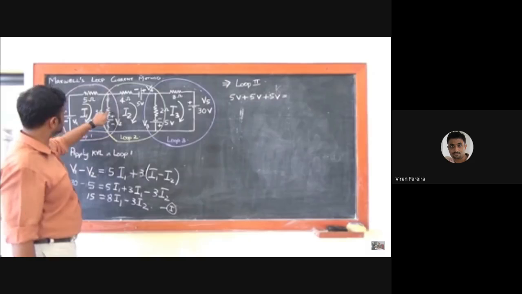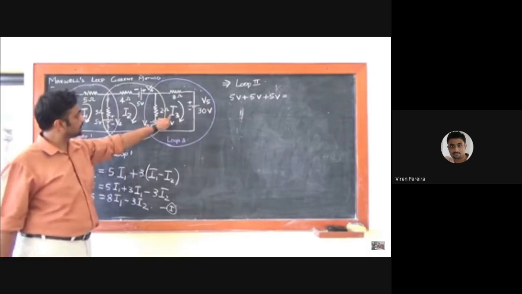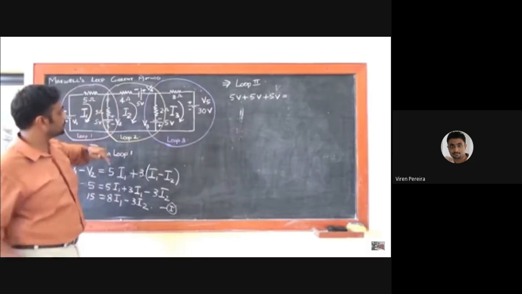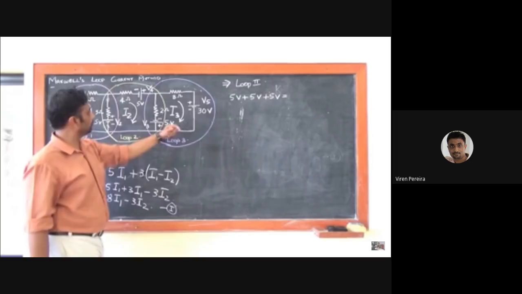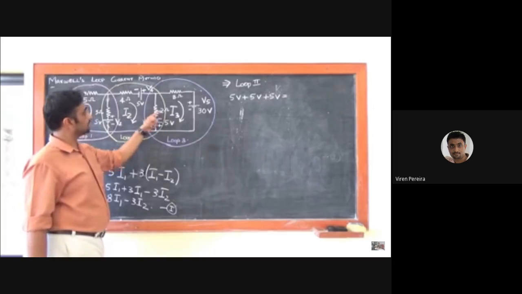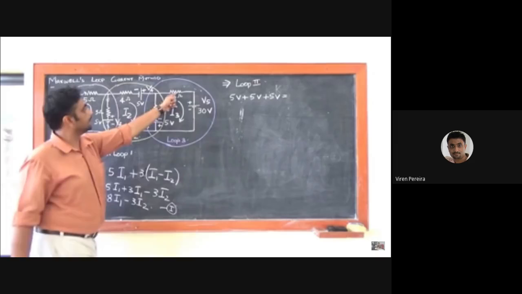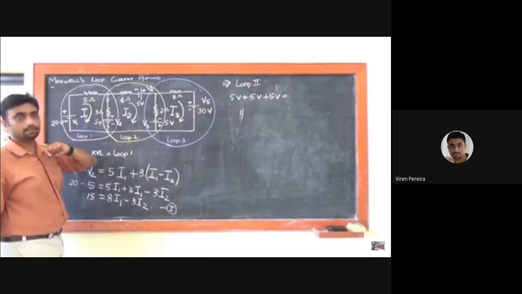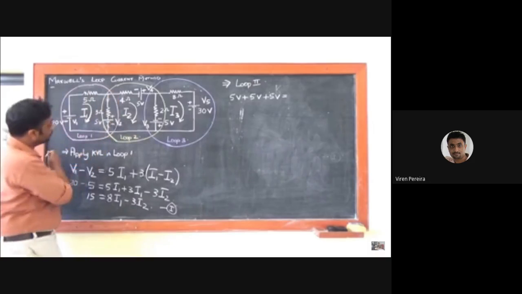But here, this resistor is linked with both the currents. Even this resistor is linked with both the currents. So that's the main importance of why you should circle the loop. Because when you circle the loop, you can know whether the resistor is interacting with the currents or not. So here it is interacting with only one, here it is interacting with only one, here it is interacting with only one. But here it is interacting with both, because you have your loop 1 and loop 2.